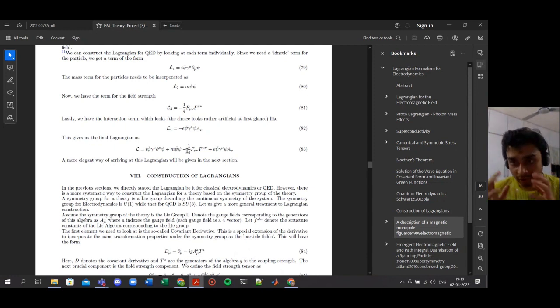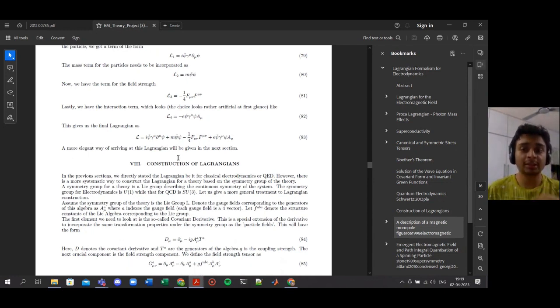Now comes the actual term for the field strength of the electromagnetic field, and that looks exactly like what we had described in section 1, which is -1/4 F mu nu squared, where F mu nu is just the field strength tensor as we had defined in that section. One more term is left, the interaction term, which is crucial since we want to observe how the particle actually behaves in an electromagnetic field.